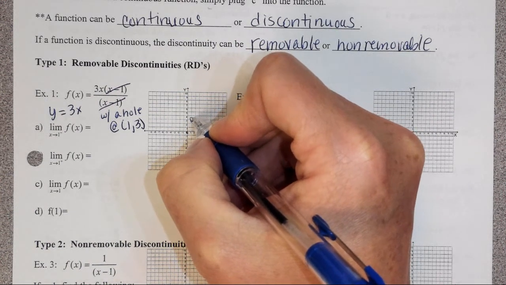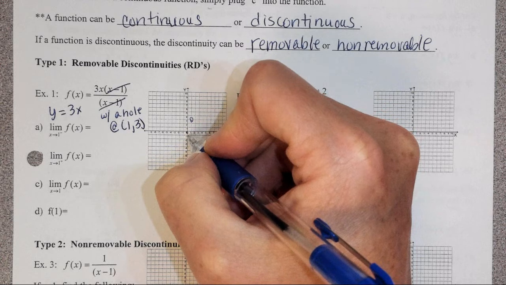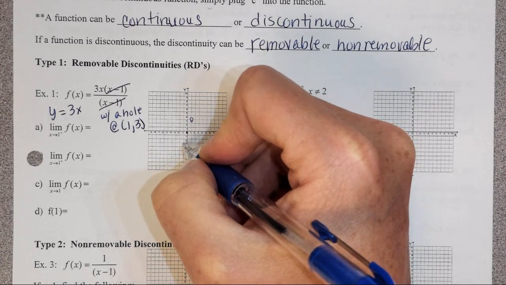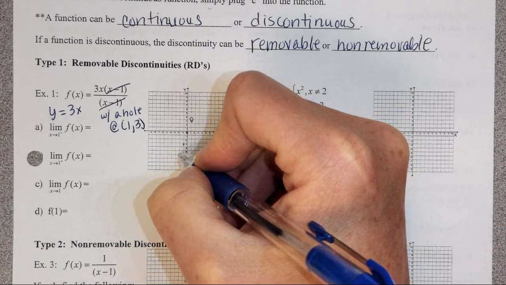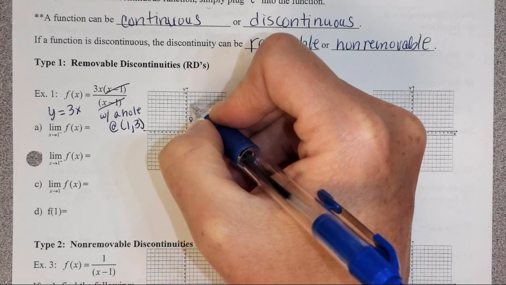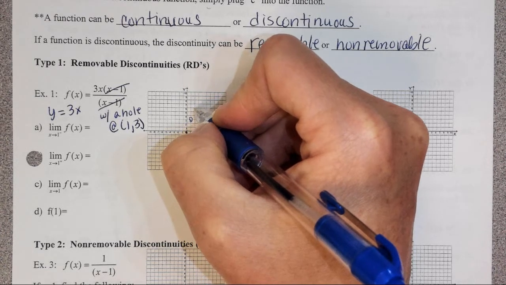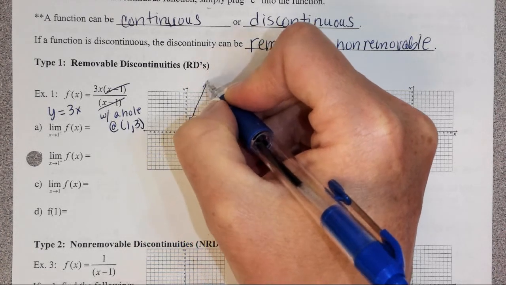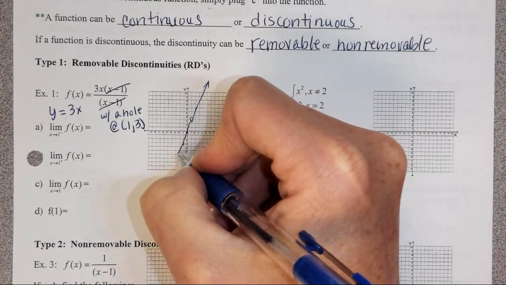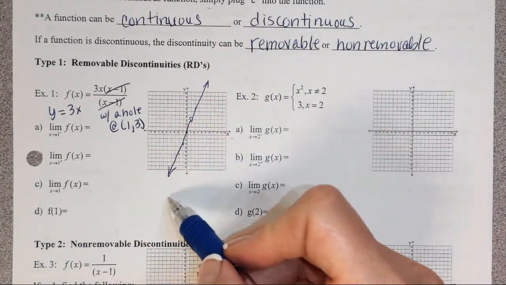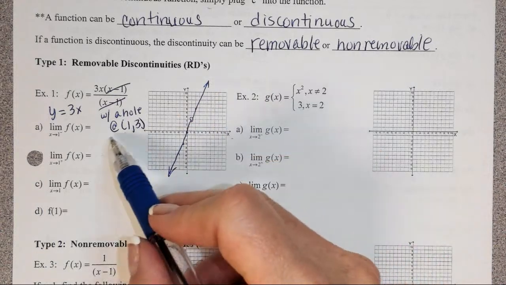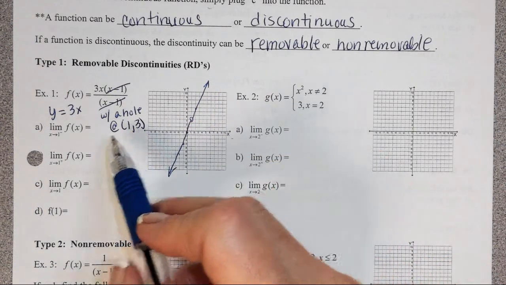So we have a little hole right there. Okay, so this is the way the graph looks. Our line is y equals 3x, but there is a hole in the graph at 1, 3.